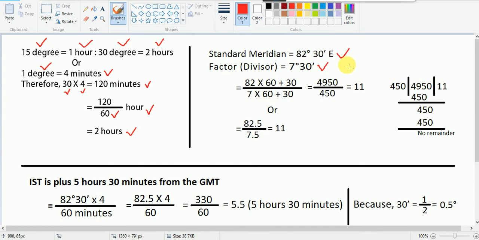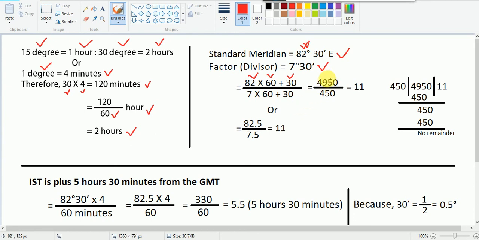Here we have to convert this 82 degree into minutes. For example, 82 multiplied by 60 plus 30, because we have to convert these degrees into minutes. We have to convert into the same units.